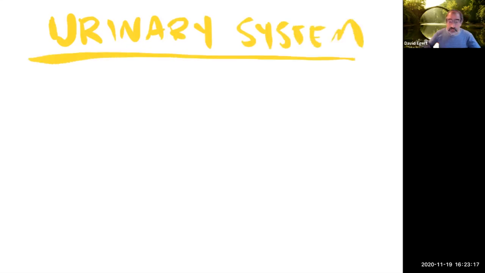It's important to use the yellow for the urinary system. So as we start this one, we should talk about all of the functions that it does. And it's doing a lot of important things. What is the role of the urinary system in human physiology?